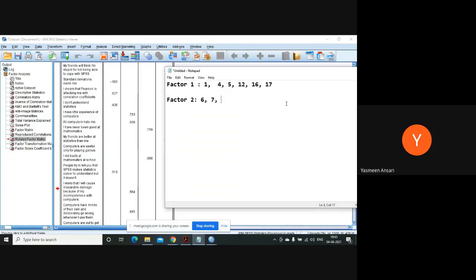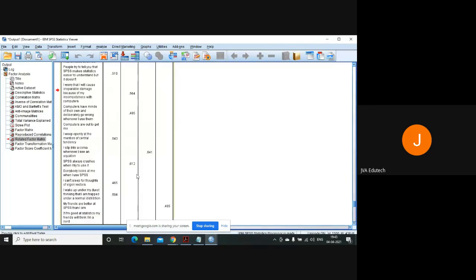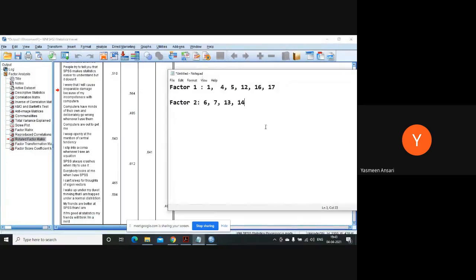Then this one, SPSS always crashes. 13th.